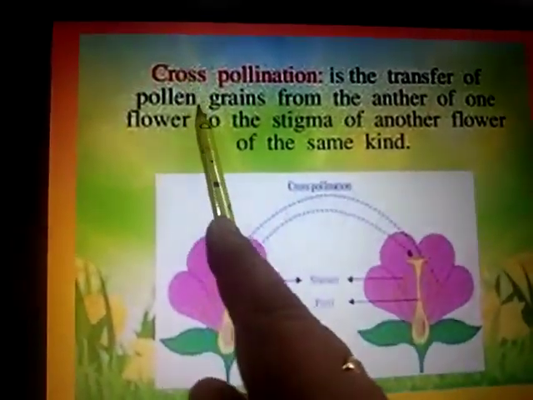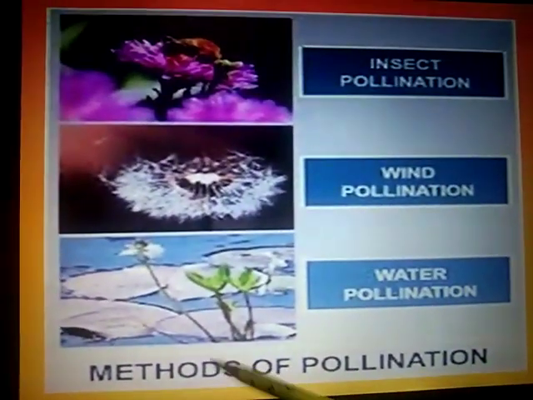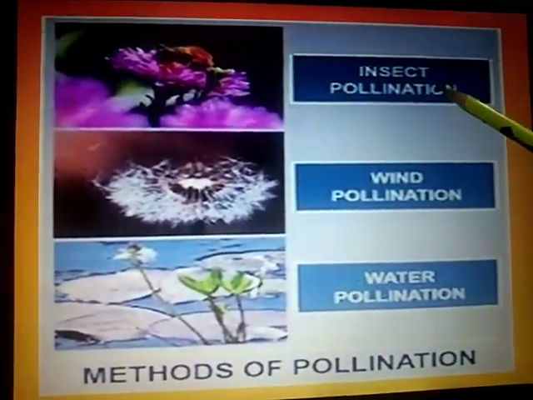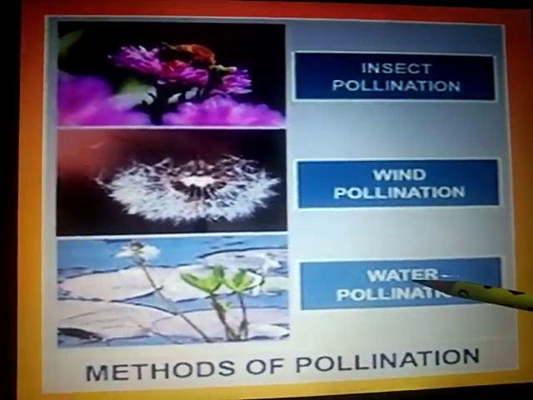This flower and this flower. It is known as cross pollination. There are 3 methods of pollination: insect and bird pollination, wind pollination and water pollination.